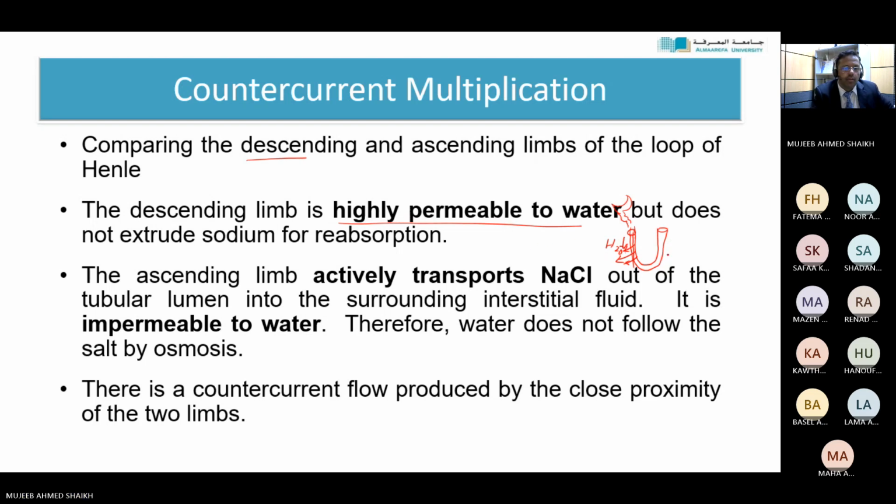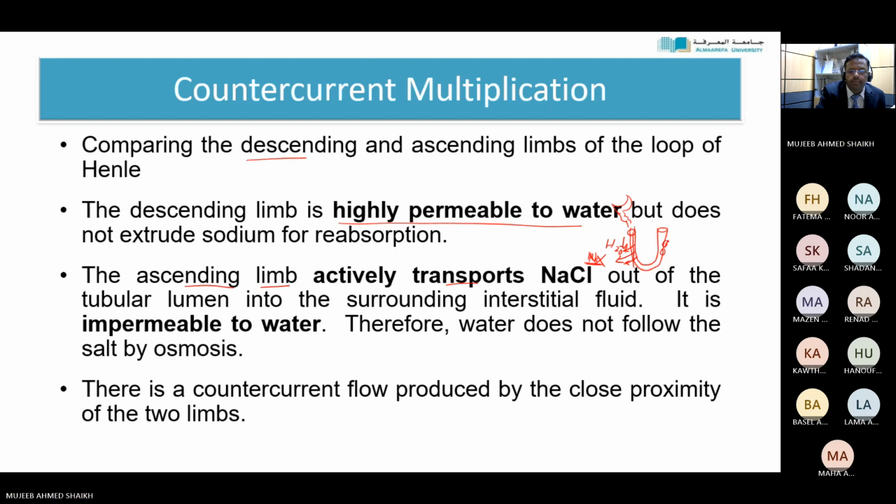Whereas there is no sodium reabsorption, it is impermeable to sodium. Two things are there: water can be easily absorbed, but sodium cannot be absorbed in the descending limb. Whereas in the ascending limb, there is active transport of sodium chloride. What is this channel known as?